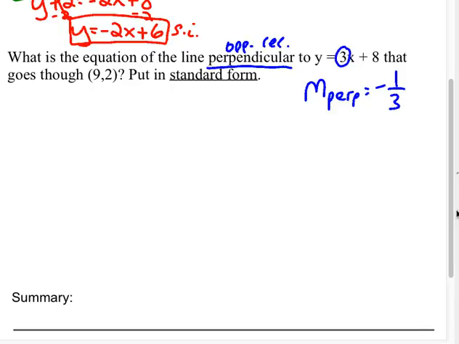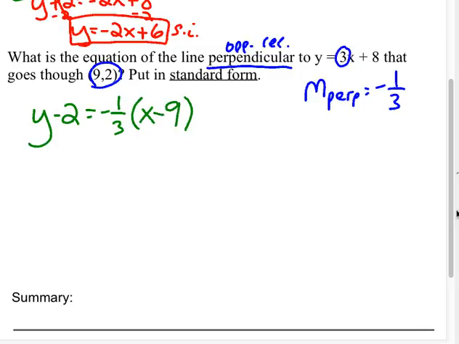Okay, with this new point. All right, so point slope form, y minus the y value from the point is equal to slope times x minus x value from the point. So this is my point slope equation.